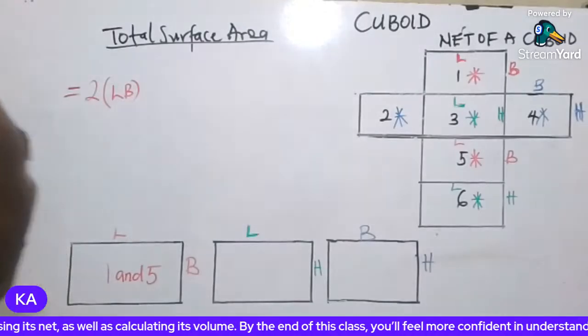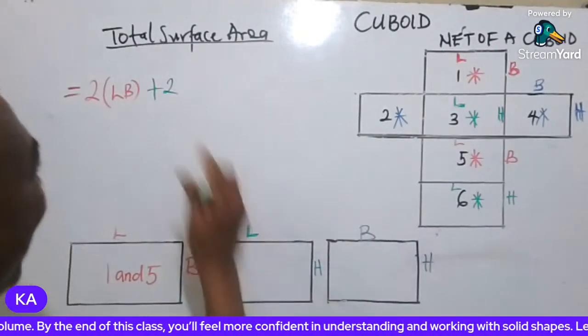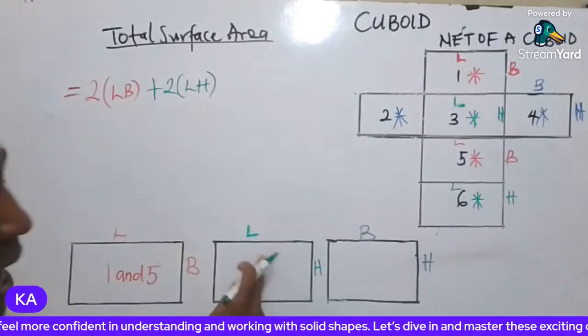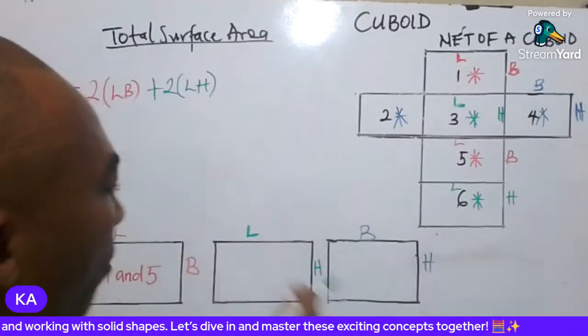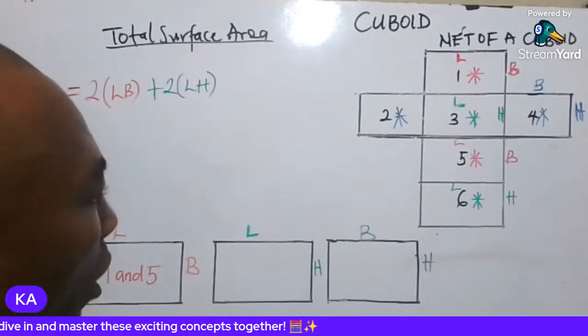Let me keep that. Let me move on to the second one, plus the second one, 2 length and height. Don't forget that the area of a rectangle is length multiplied by breadth. But because this one is length and height, you multiply that together. So let's move on.